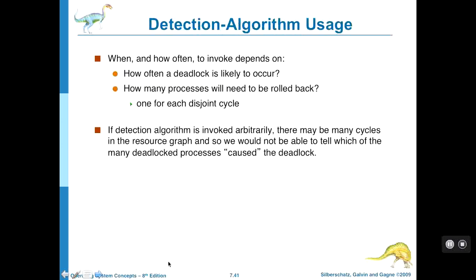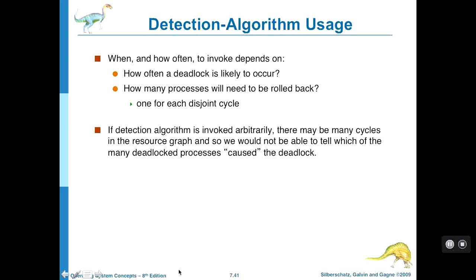Of course, now the question is just how practical is it to detect deadlocks? How often do you invoke a detection algorithm? It should probably depend upon how likely a deadlock is to occur, and how many processes would be affected or need to be rolled back.